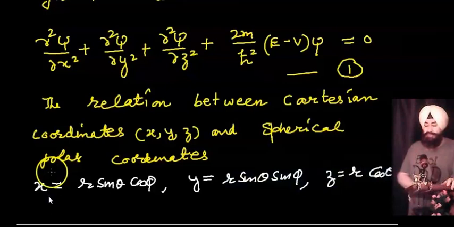Please go to my video, I have given the link in the description box, for how the relation comes. x equals r sin theta cos phi, y equals r sin theta sin phi, and z equals r cos theta.